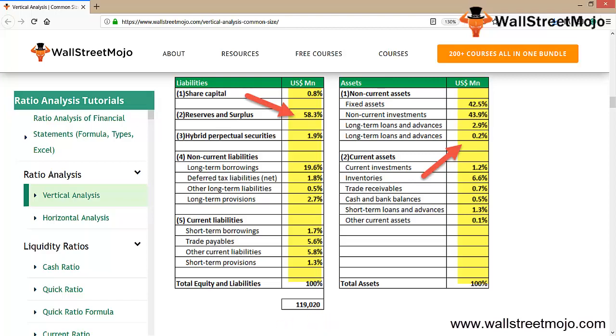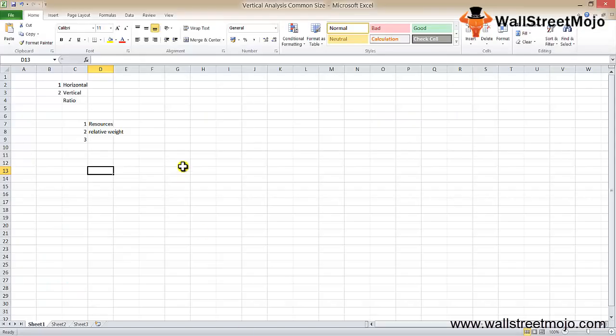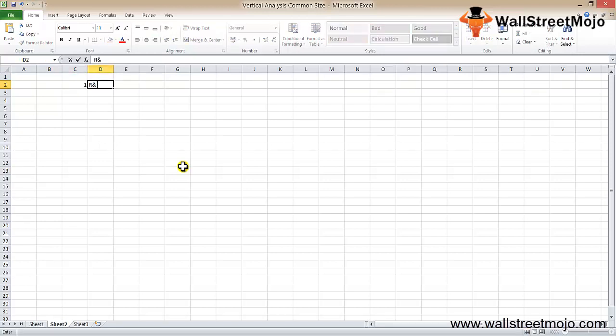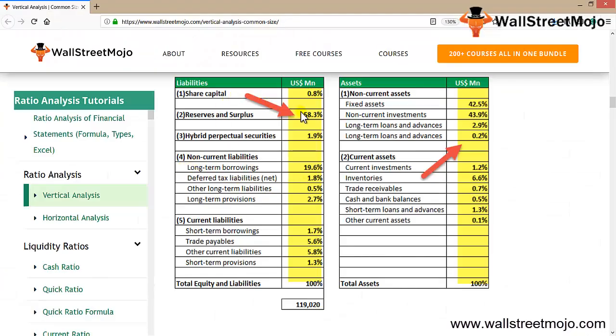So on a standalone basis, we can derive the conclusion from the balance sheet that the reserves and surplus is 58.3%, and it is the highest portion. The company has a huge amount of reserves in it.